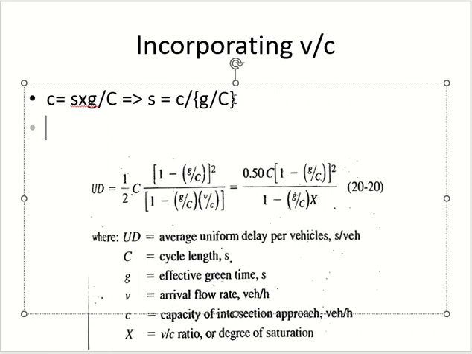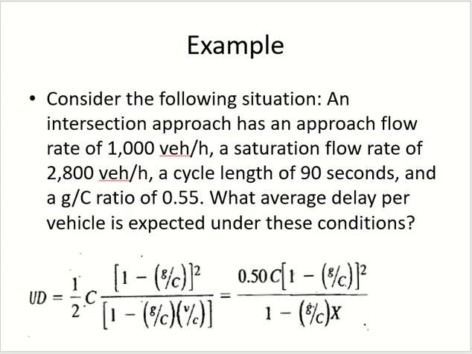So capacity is saturation flow rate multiplied by G by C ratio. How much? Sorry. 1540.